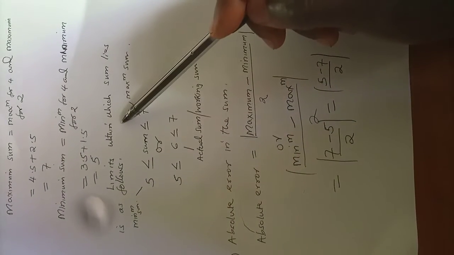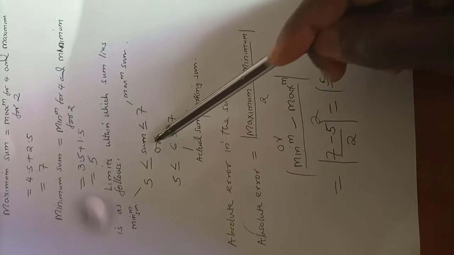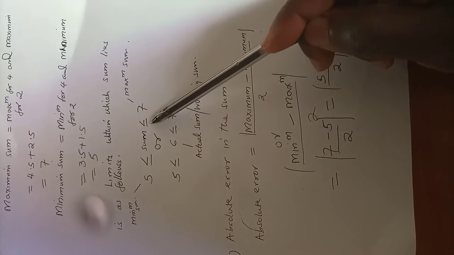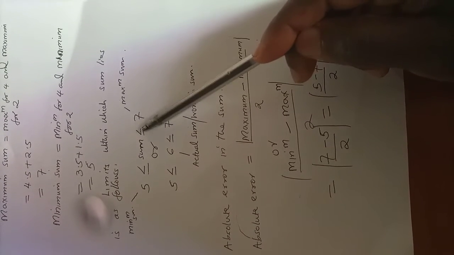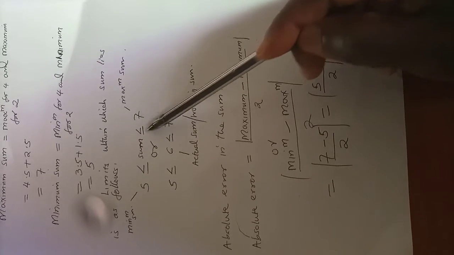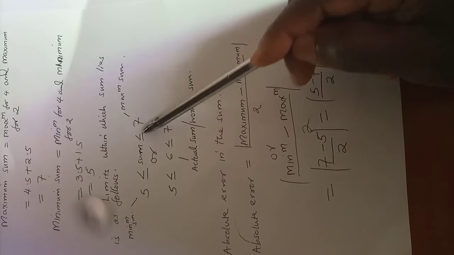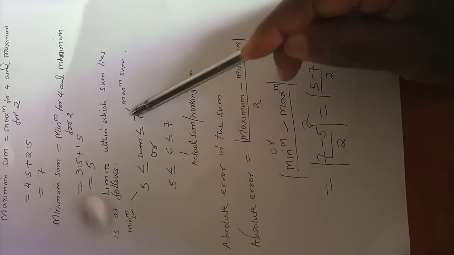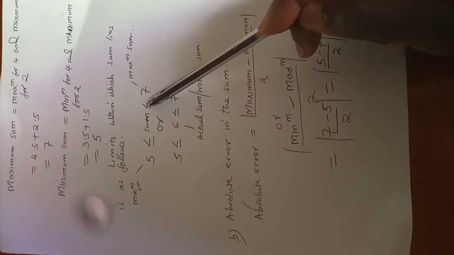The limits within which the sum lies will be as follows. We write this limit using an inequality sign. This one means less than or equal to, so on that side we write the maximum value. What we were calculating was the sum, so we write the maximum sum on the right hand side of this inequality.